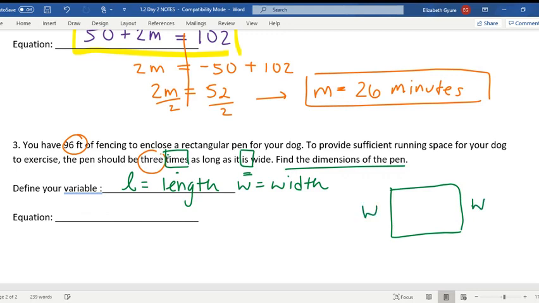We're going to label it W. We don't know anything about it. But we know that the length is 3 times it, don't we? How would you write 3 times W? Like, what would I write down? 3W. So 3W, 3W.